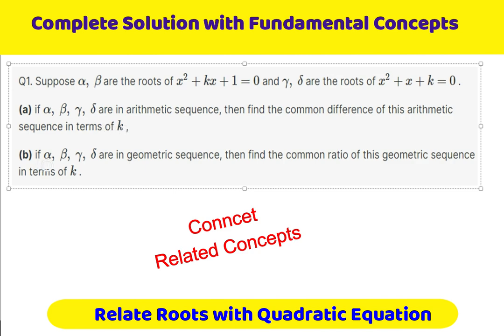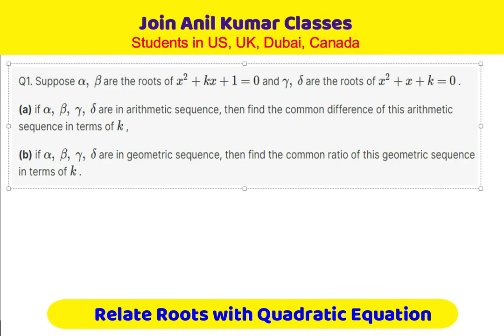Part B is, if alpha, beta, gamma, delta are in geometric sequence, then find the common ratio of this geometric sequence in terms of k. So I hope the question is absolutely clear.